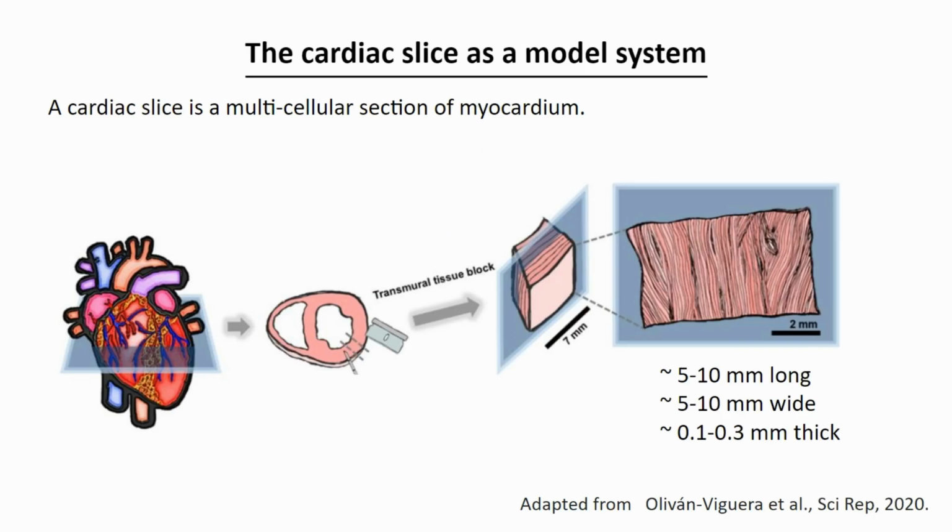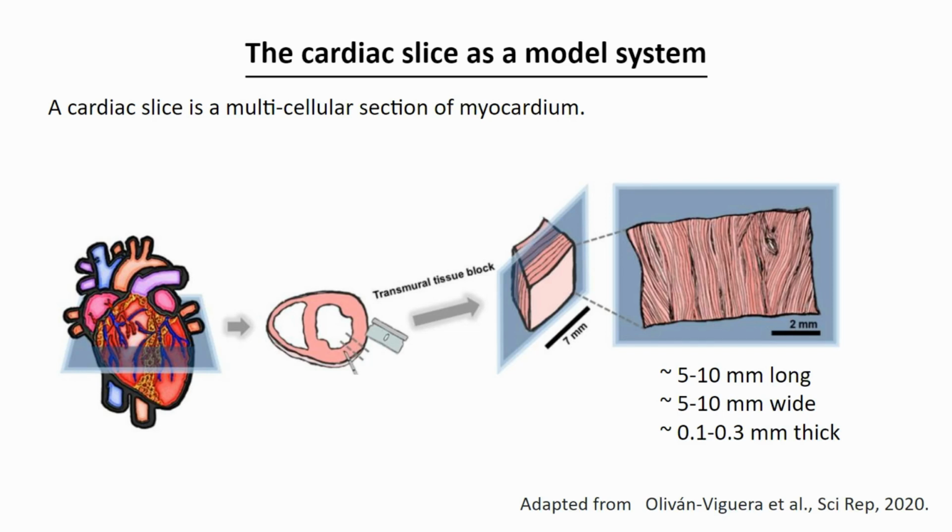So first, an introduction. A cardiac slice is a multicellular section of myocardium. This cartoon illustrates that the cardiac slice represents a section of myocardium usually prepared from the left ventricle. The slice is most often a few millimeters long and a few millimeters wide, and between 100 and 300 microns thick.